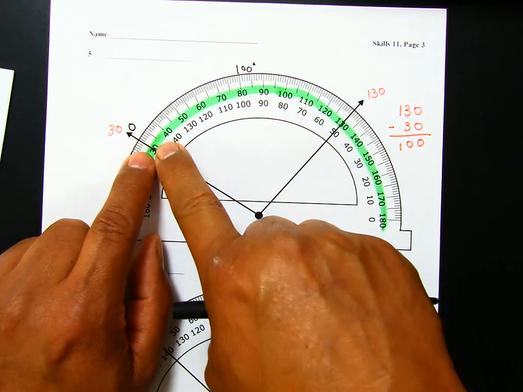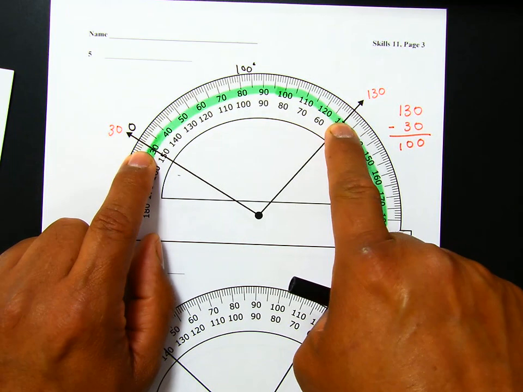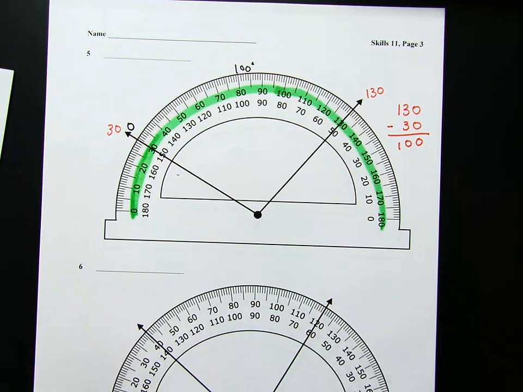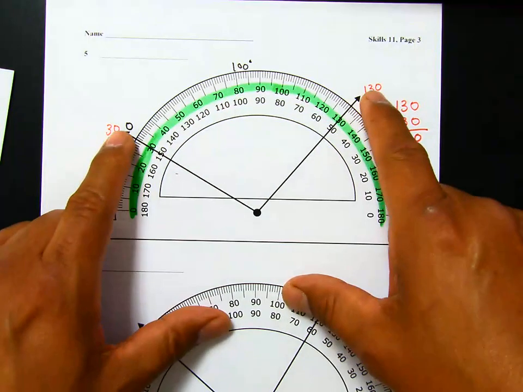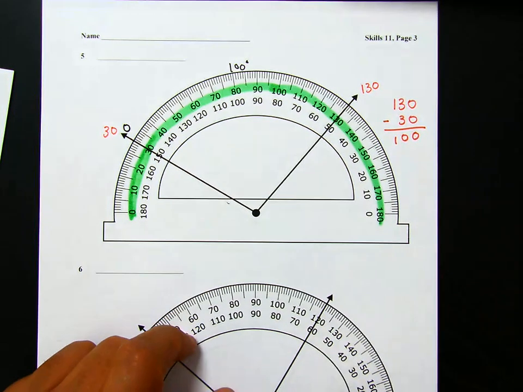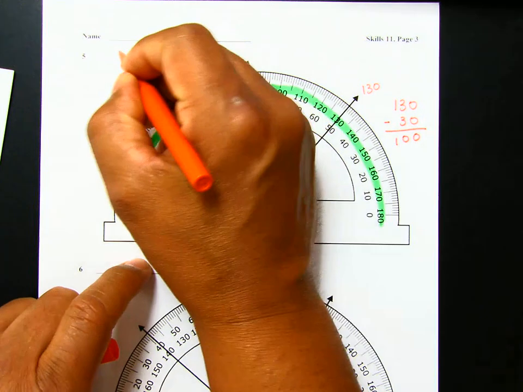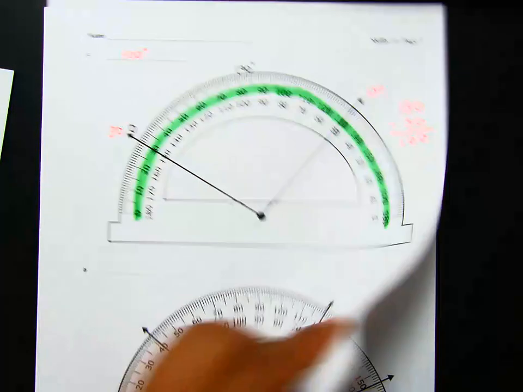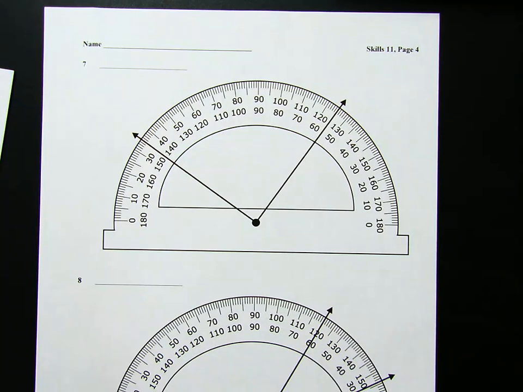I pretend this is 0, and I can count all the way to this line, and that gave me 100 degrees. So those are two ways we could use to figure out angles that are not lined up with that 0 edge. So this would be 100 degrees. So now you try 5, 6, 7, and 8 on your own.